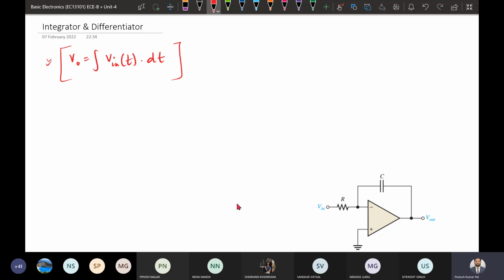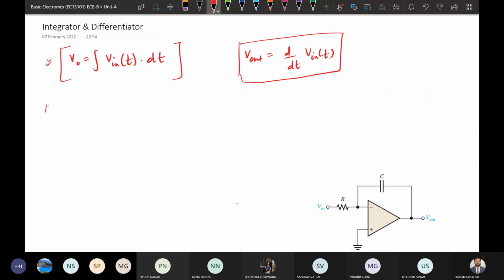Similarly, in case of a differentiator, the output that we get is the differentiation with respect to time of the input, which is a time dependent parameter. If we are able to obtain this type of relation, that will behave like a differentiator circuit. So we will see how we can implement this integrator and differentiator.